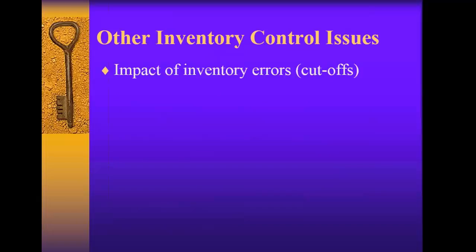Other inventory control issues are the impact of inventory errors, cutoff. So when you hear the term cutoff, what are we talking about here? Well, what we're talking about is making sure that what is inventory this year and cost of goods sold next year is in fact what we're saying it is. And you'll see this in CPA questions, what happens at that cutoff point. At what point is it an order, and at what point has the sales transaction actually been completed? Why is this important?